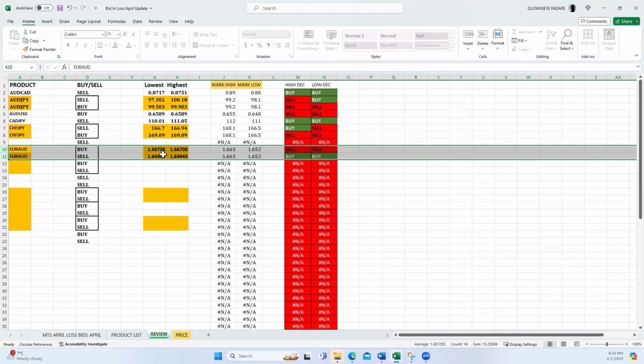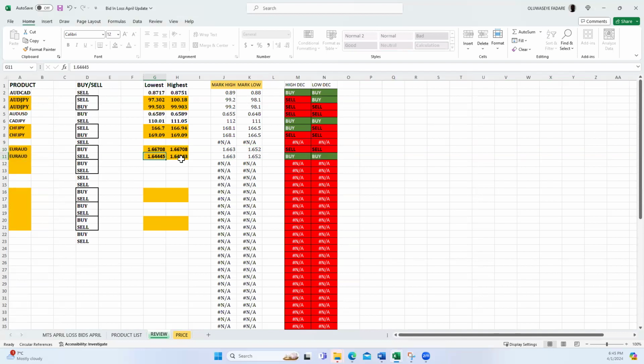Our lowest price is 1.652, which is above the sell. And our high point for now is 1.663, which is below the buy. You can see the buy is 1.667.